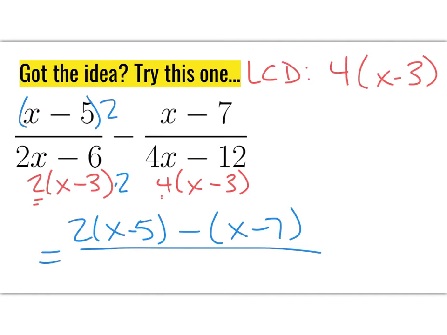Remember that you are subtracting the entire second numerator. So that's why we're subtracting the quantity x minus 7, and the denominator is 4 times x minus 3.